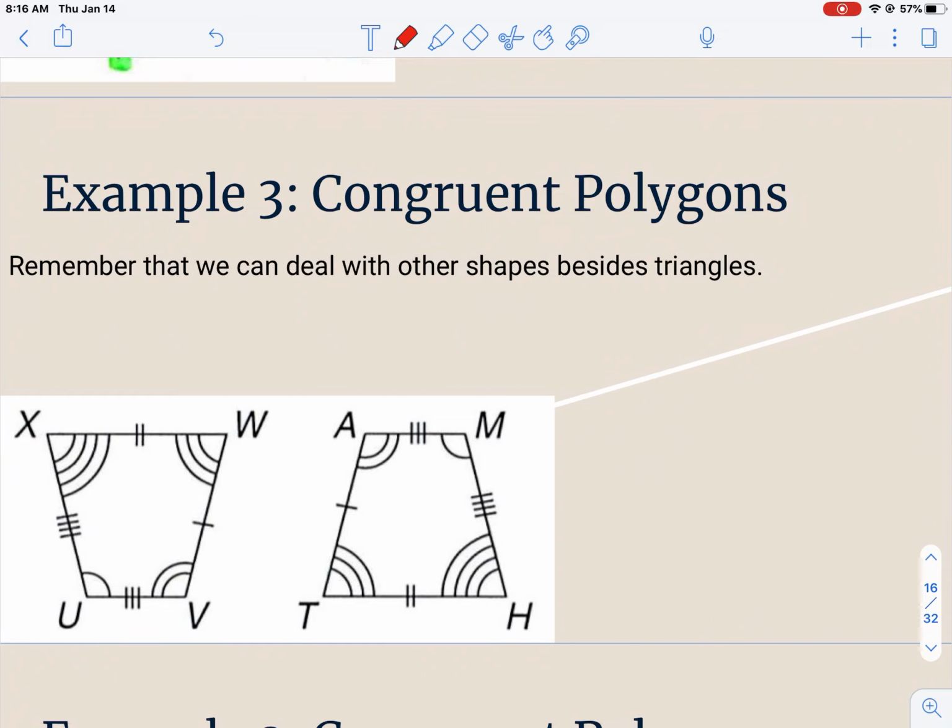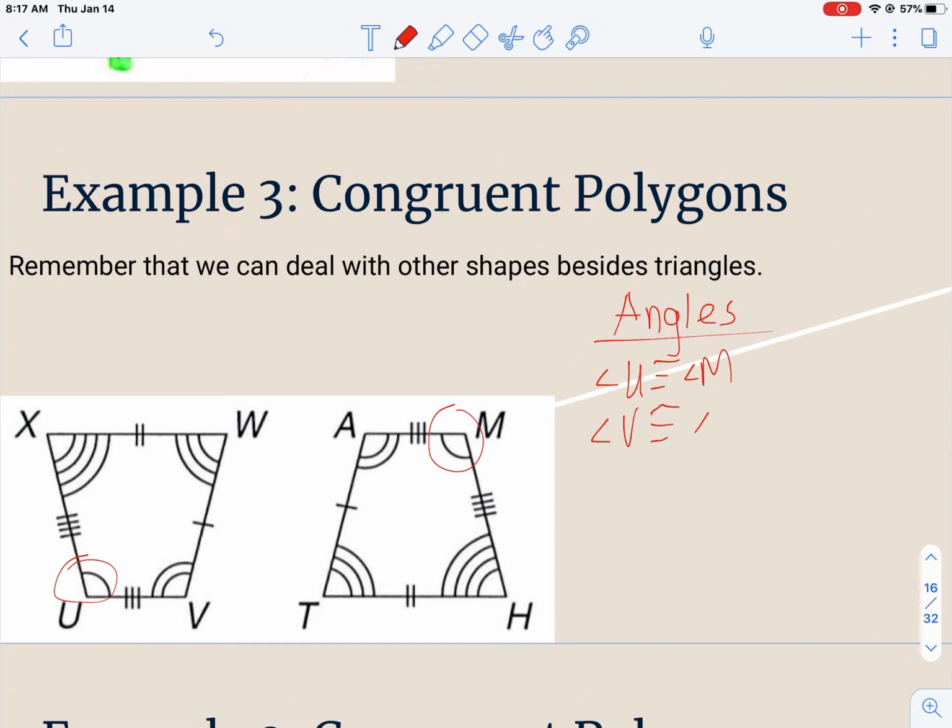So if I look at example 3, and I want to figure out which angles are congruent to what and which sides are congruent to what, maybe I'll start with the angles. Like I said, some of you already did this in class, so that's okay. Angle U is congruent to angle M, they both have one arc.